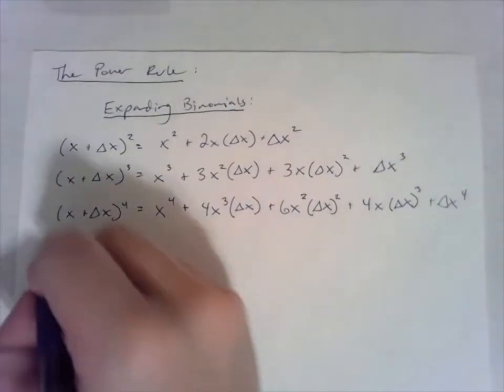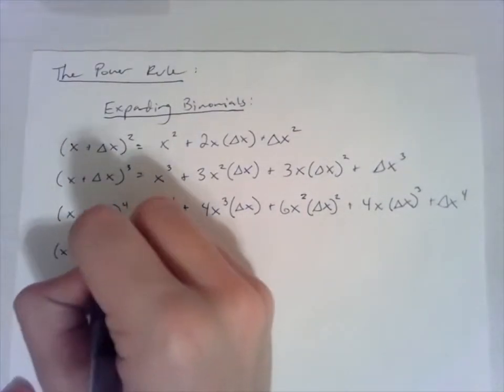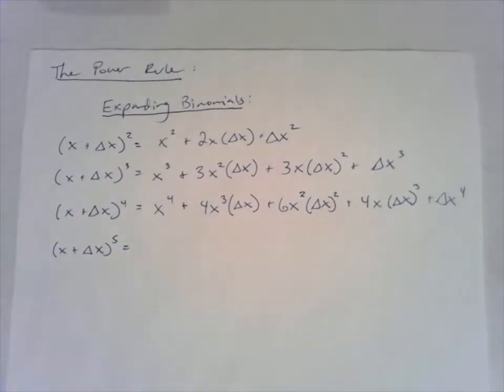If we did to the fifth, it would look like this: x plus change of x to the fifth. I'm going to start to write a little bit smaller here so I can fit everything.